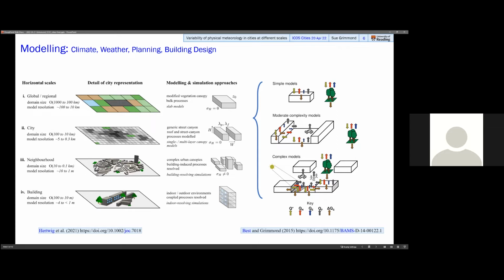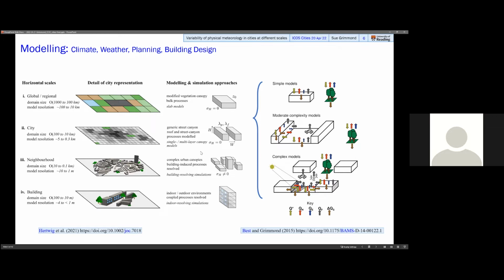For example, if we want to look at obstacle resolving models where the buildings are actually represented realistically, then we have increased computer needs. We need more information about the actual materials and characteristics of these buildings, and also typically the area that is simulated is reduced.